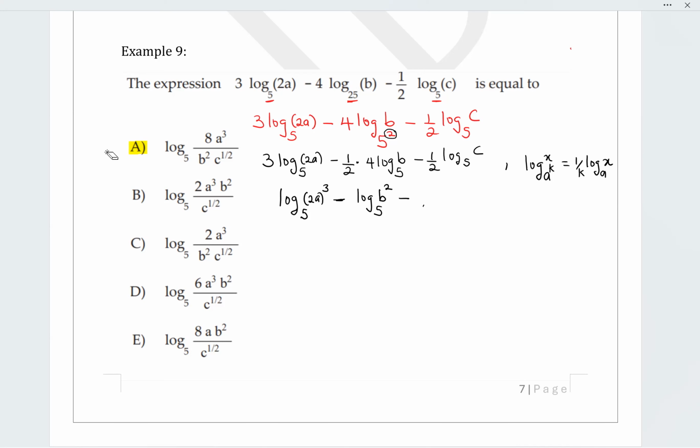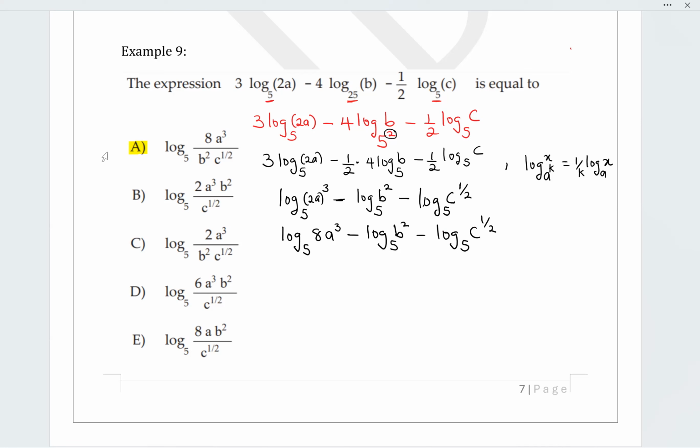So we'll have log to base 5 of c to the half. This we can write as log 5 of 8a cubed minus log 5 b squared minus log 5 c half. Right?